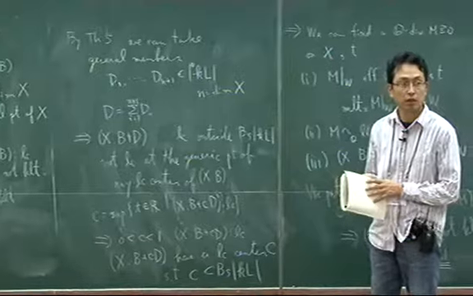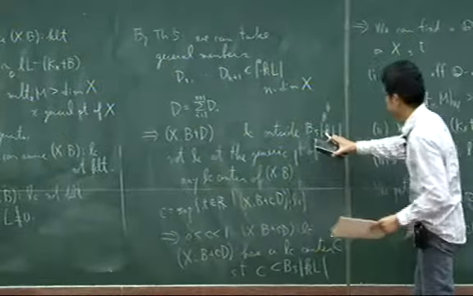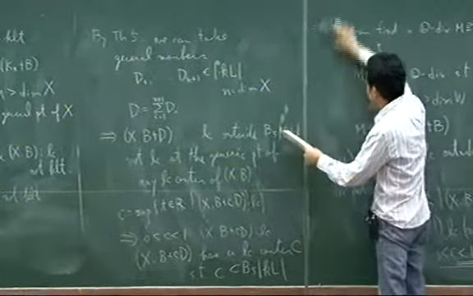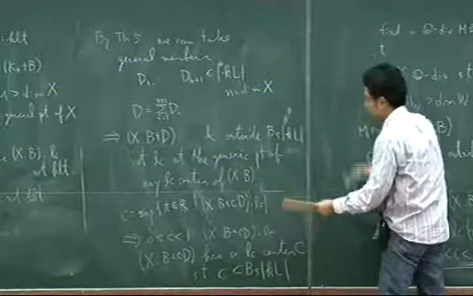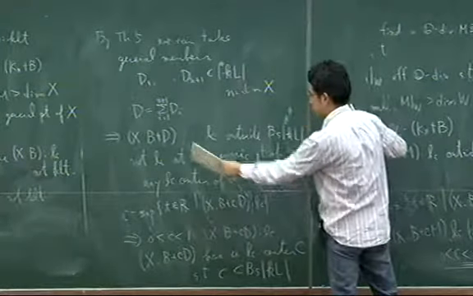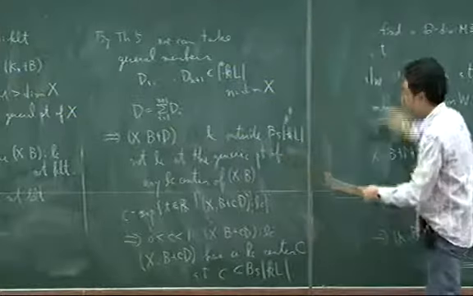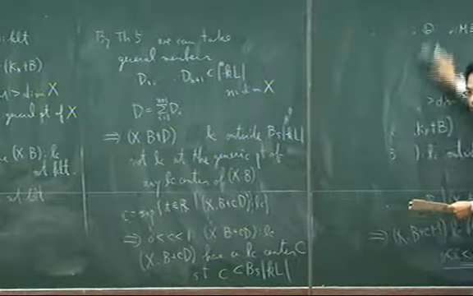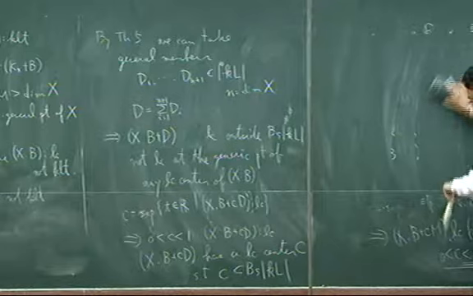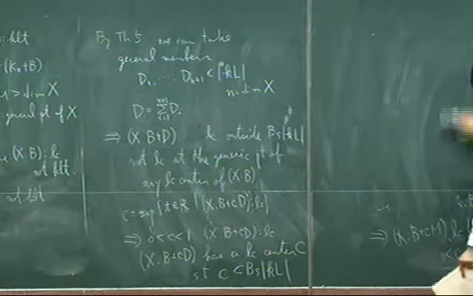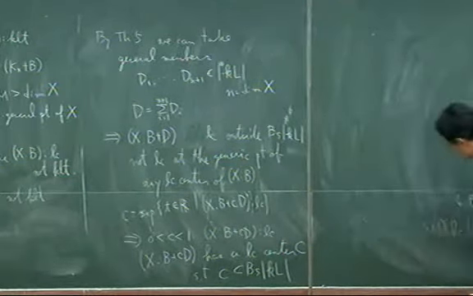(X, B plus D) is not log canonical at the generic point. This is non-empty, so this (X, B plus D) is not log canonical. Some of the Di has a point of multiplicity at least n plus 1. That's where you use C as somewhere. Yeah.